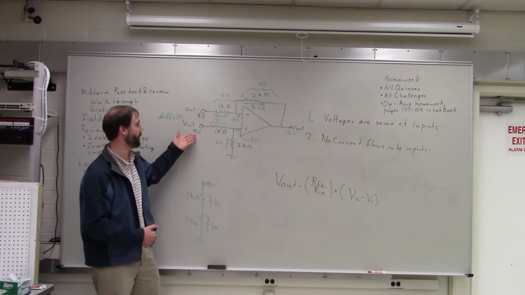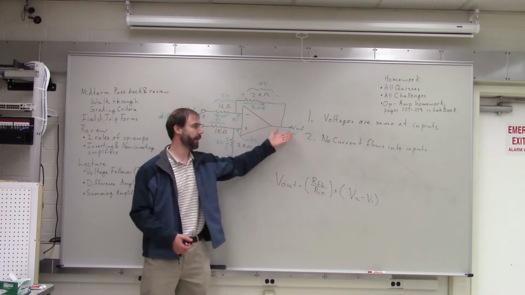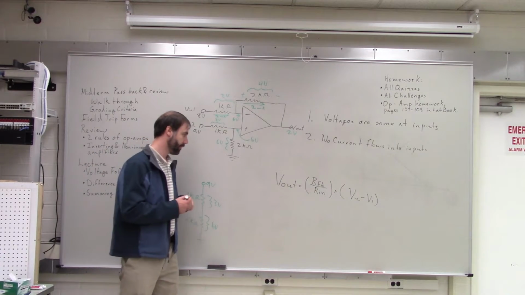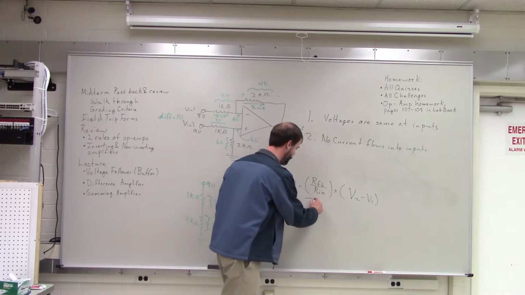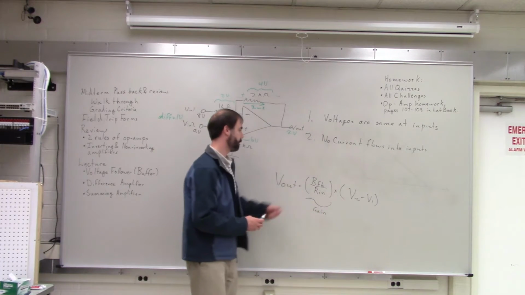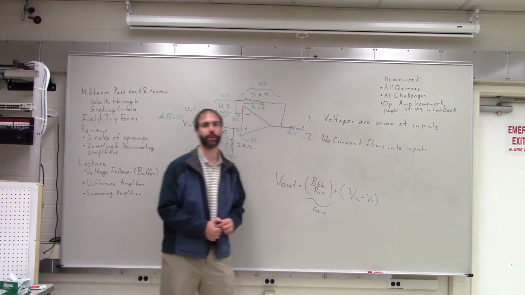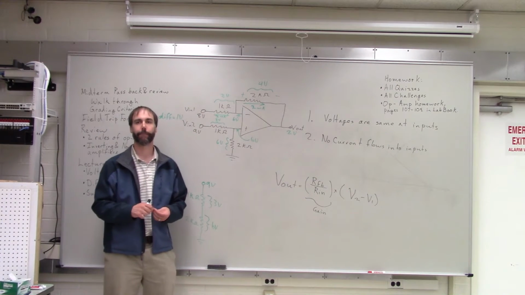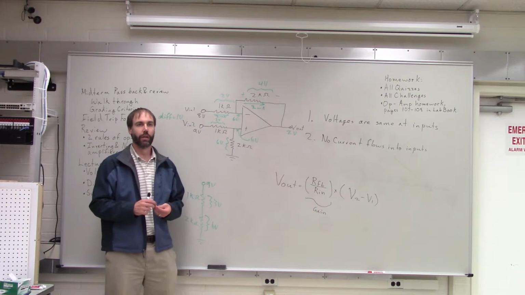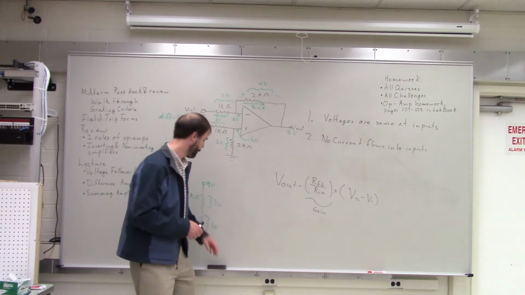So if V2 is bigger, then the output will be positive. If V1 is bigger, then the output will be negative. So here, the gain is R feedback over R in, but now it's multiplying by the difference between these two input signals. Questions about that?